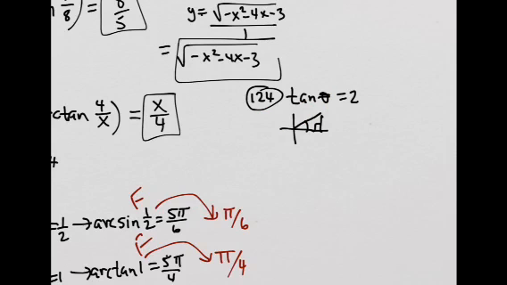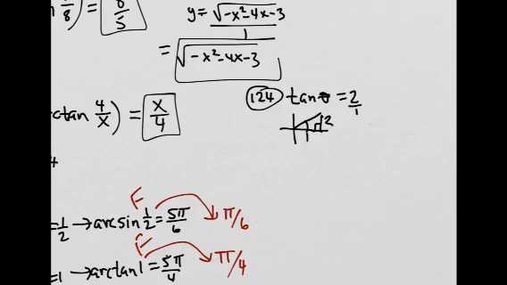So we're going to draw a right triangle to correspond to this ratio, tangent theta equals 2. Remember, tangent of theta is y over x. So turn the 2 into a fraction, so we put 2 over 1 as a ratio. So it's y over x.